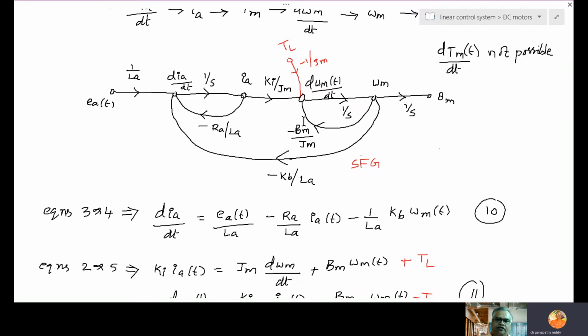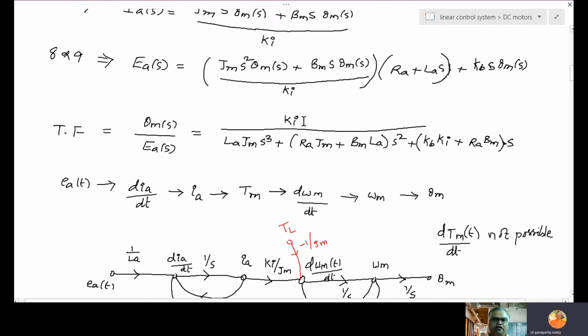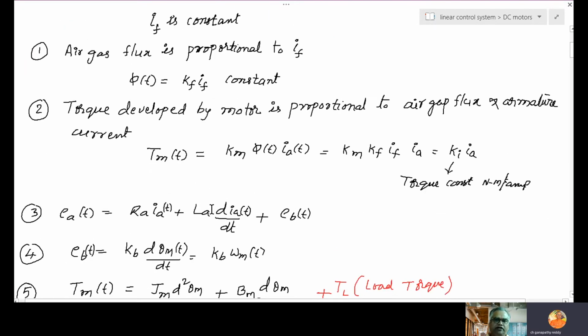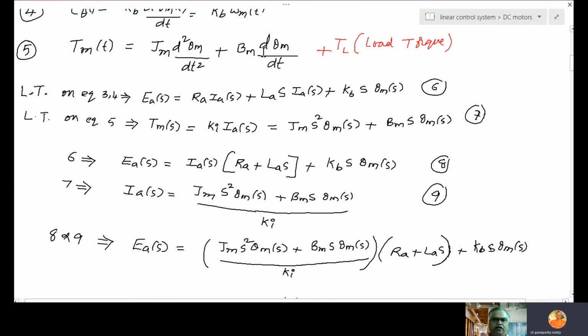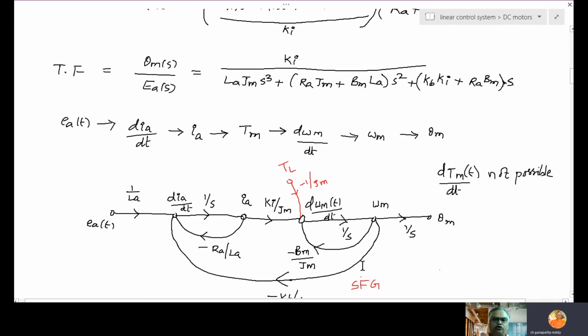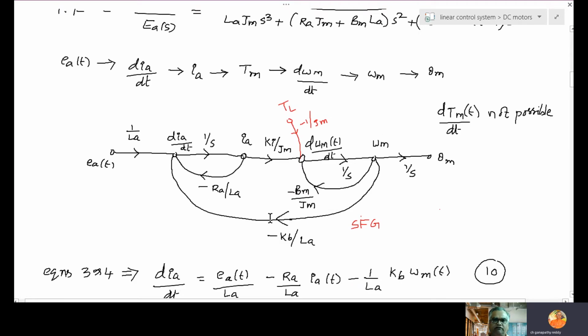But earlier what we studied: given a block diagram, we converted it into a signal flow graph and found the transfer function. Here it is the reverse. Based on the functionality of the electrical system, we have written time domain equations, applied Laplace transform, got the transfer function, and shown it like a signal flow graph.